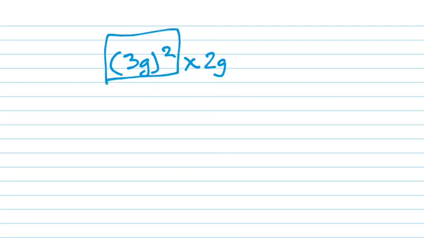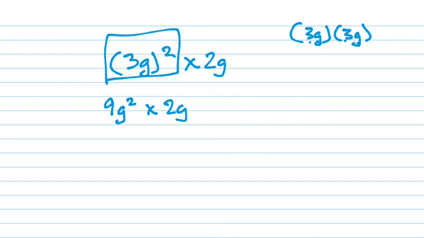So that's 3g times another 3g. 3 times 3 is 9. g times g is g squared, times 2g. And now I'll just multiply those things together. They're not like terms, so can I multiply them together? Multiply is fine for anything, right?